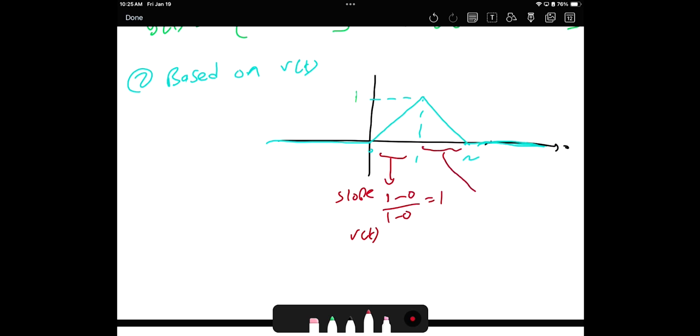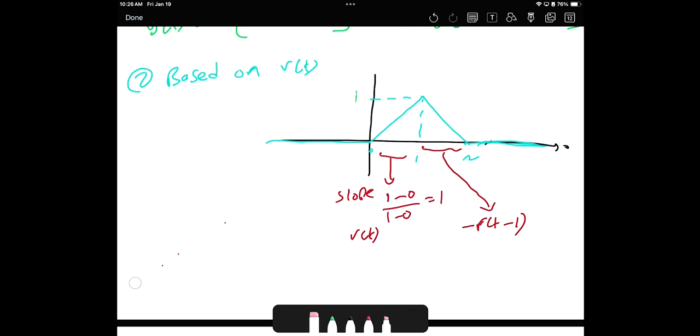This part, between 1 to 2, now, if we need to cancel the effects, we will put minus R of t alone, R of t minus 1. But our target is not only to cancel the effects, we would like to make it go down. So what do I mean by this? If I make it as minus R of t, the slope will cancel each other, but overall, it will go down.